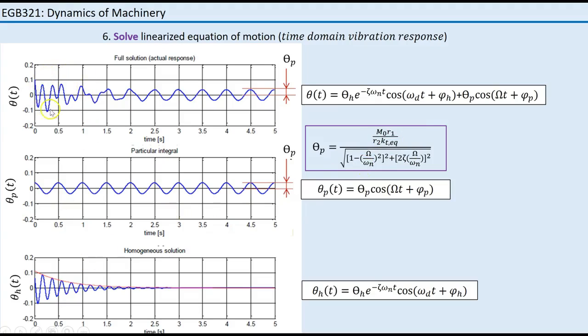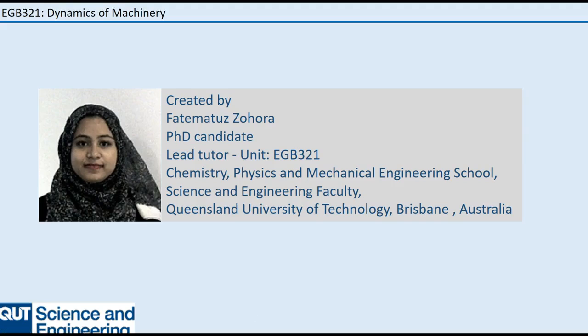And this transient solution consists of a particular part as well as a homogeneous part, and this homogeneous part, if we just look at this equation, we can see that it actually fades away eventually. This can be expressed by this equation. Hope that will help you. Thanks for watching.